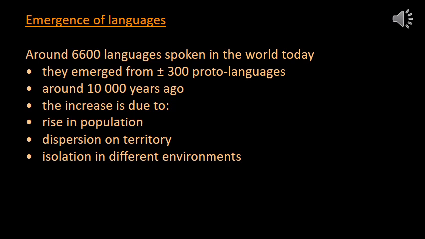So when these populations spread on the territory, they remained isolated in different environments, across mountains, across oceans, on islands, and spreading there and staying isolated in different physical environments, but also social environments with different neighbors, with different contacts. They developed specific local languages, and these languages remained.